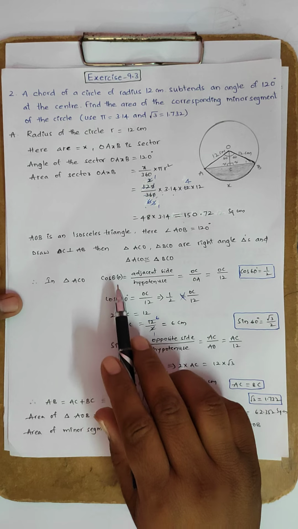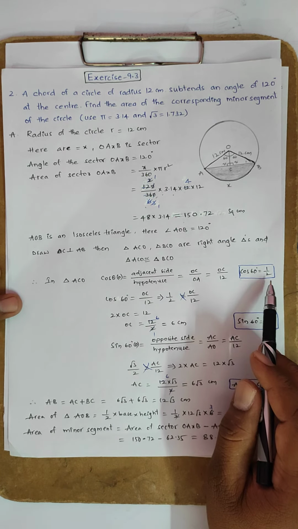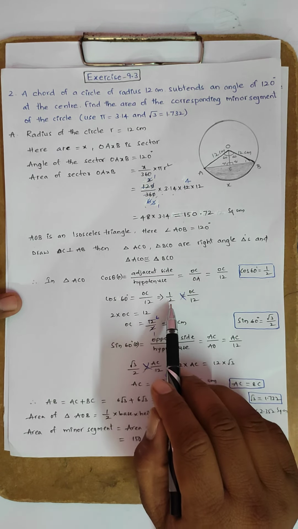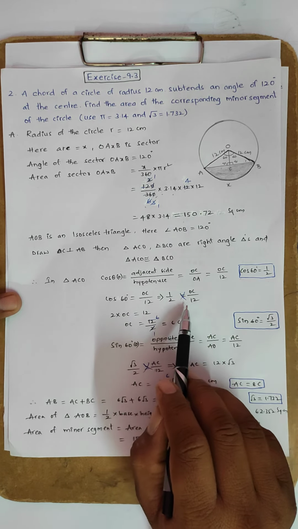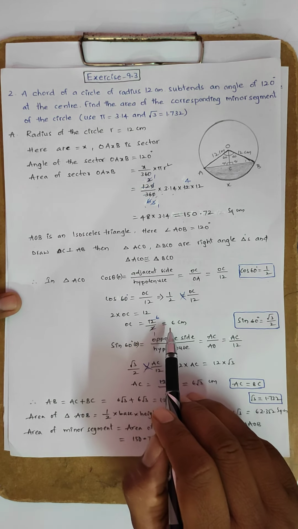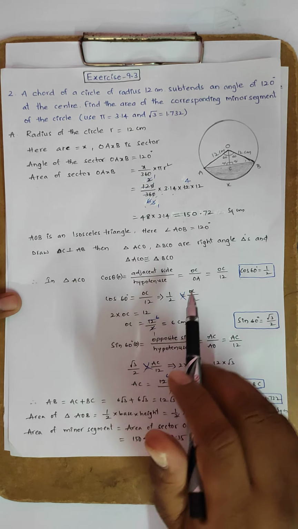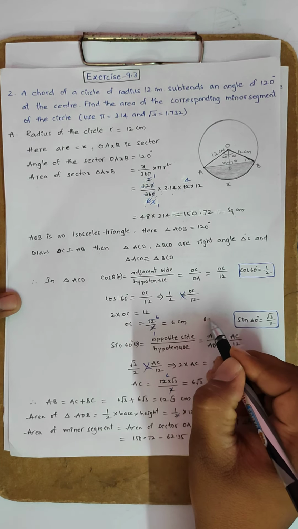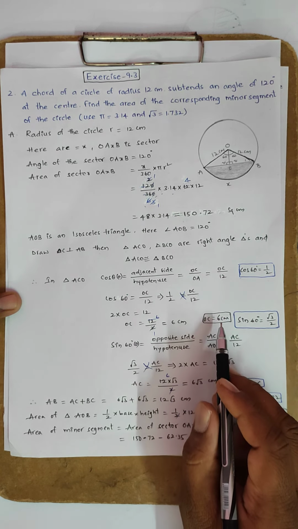Theta how much? 60 degrees. Cos 60 is 1 by 2 using the trigonometric table. So 1 by 2 equals OC by 12. Do the cross multiplication. Then 2 OC is equal to 12. OC is equal to 12 by 2, which is 6 centimeters. What is this OC? The height of this triangle, 6 centimeters. We found the value of OC, 6 centimeters, the height of this triangle.